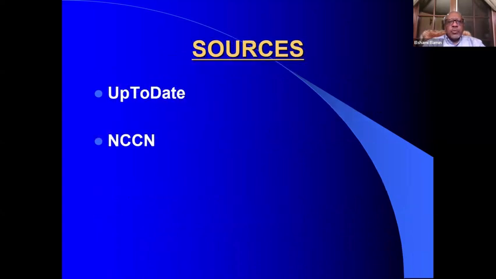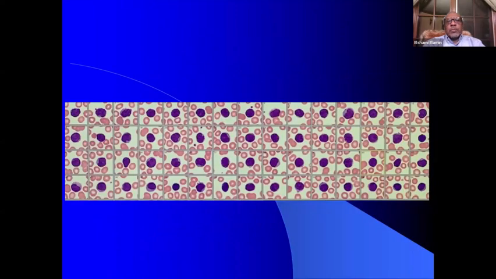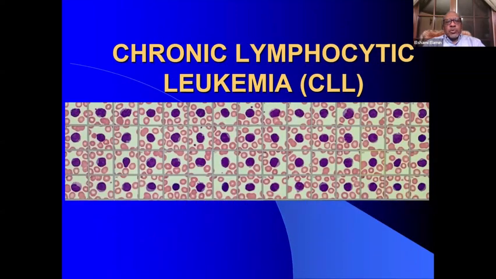As usual, almost all of the information and the data is from UpToDate and NCCN as much as possible. Okay, so we're going to start with the CLL, chronic lymphocytic leukemia.